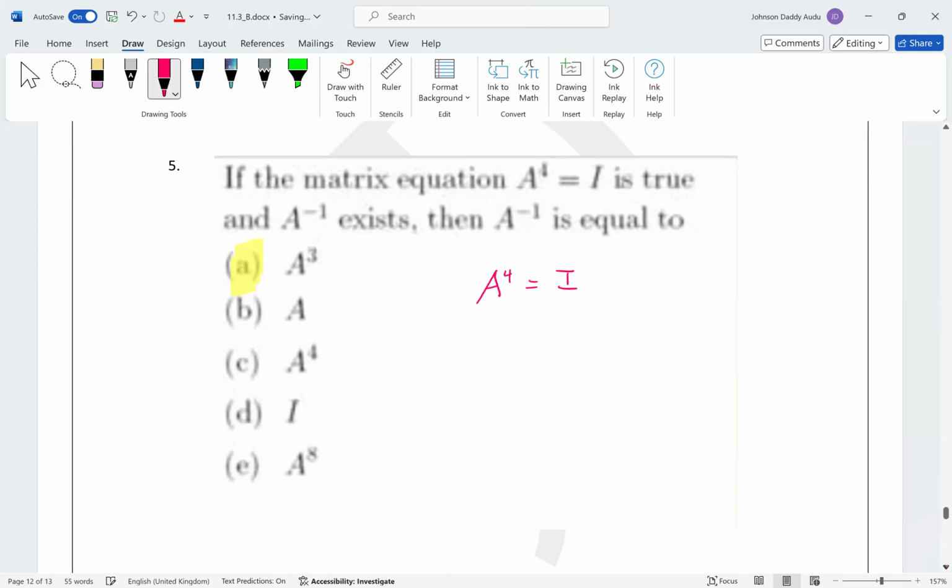Remember, you can write this as A times A to power 3 equals I, right? And then you can multiply both sides by A inverse. So you have A inverse times A to power 3 equals A inverse times I. You see that? You are multiplying from the left, both sides by A inverse. Now, this A inverse times A, remember, is going to become I.